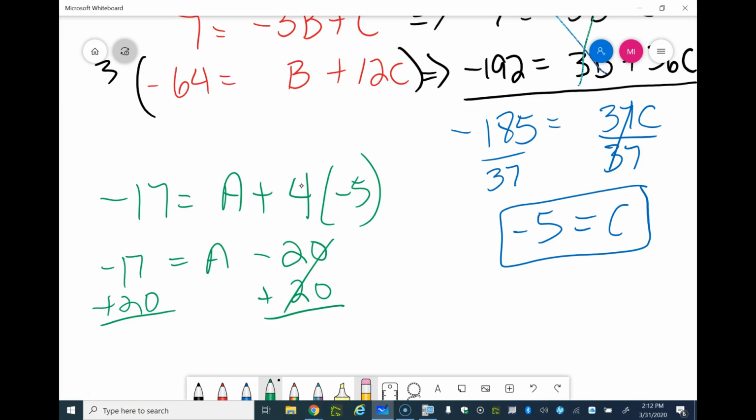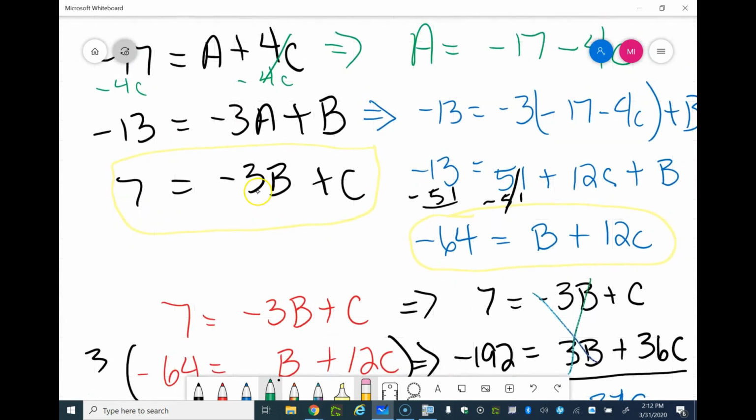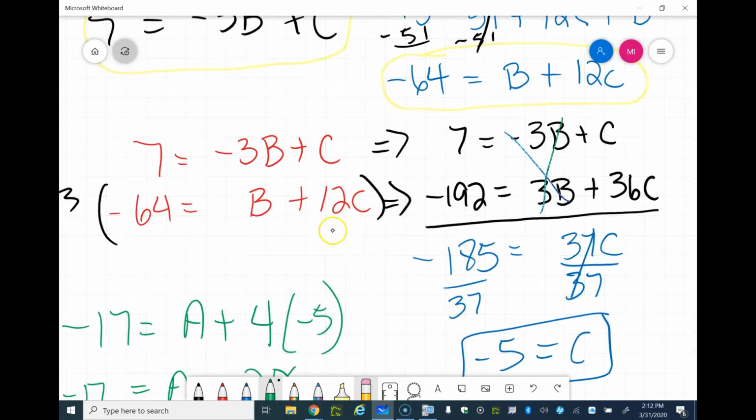That cancels out, giving me A is equal to 3. So I got my A, I got my C, and now it's time to get to B. And for B, it looks like I can choose maybe this one here, because if I know what my C is, plug in my number for C, solve for B, I can get my final answer.